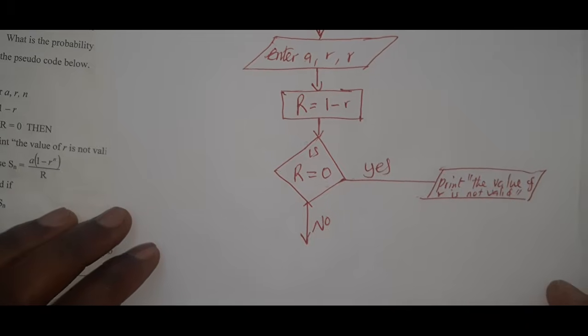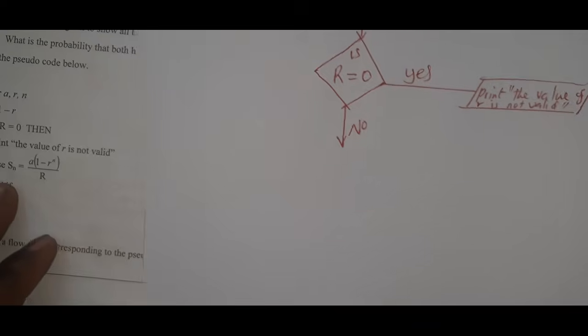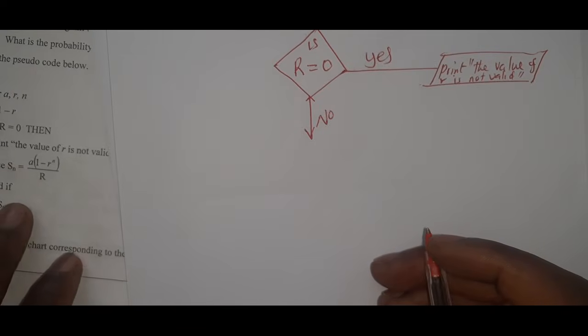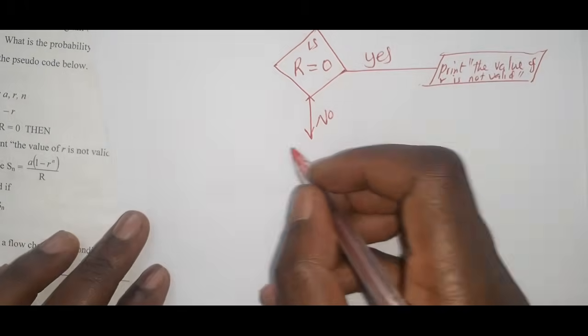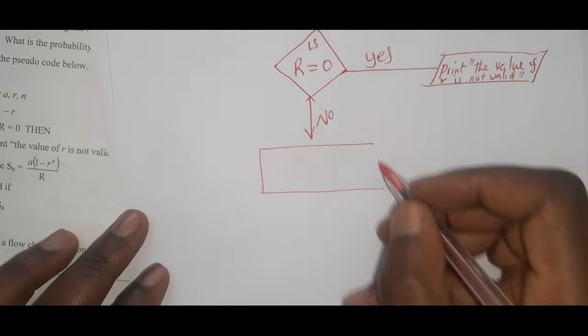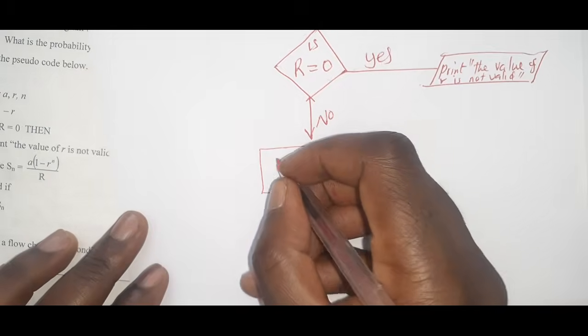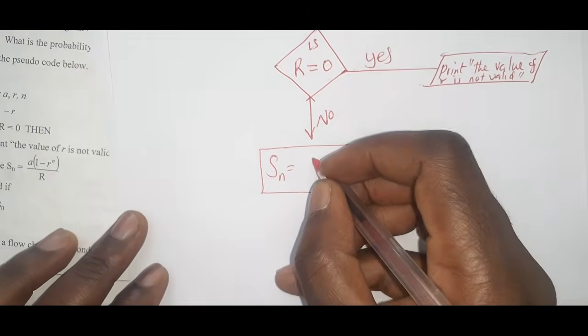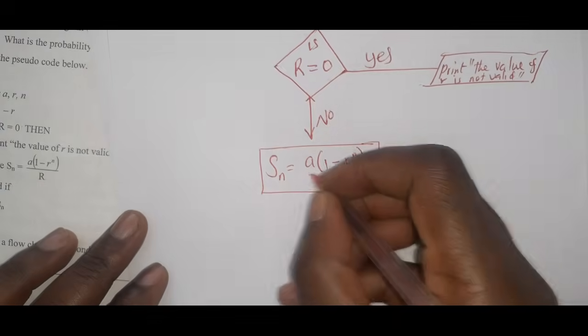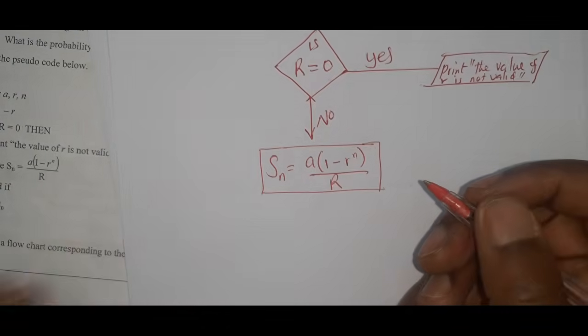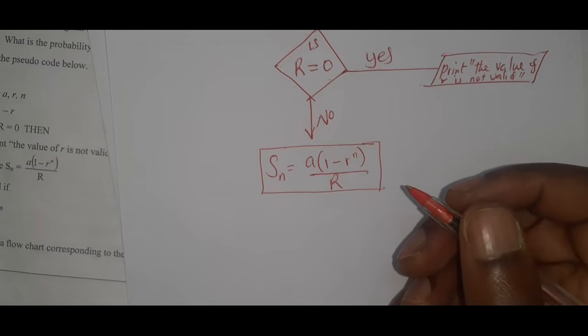Okay, this is what we're supposed to print. Then here where we have else, where now this one is not the case, we need to come to this one and we use the box. Say 1 minus r to the power n over r. Okay, that's what we're saying.